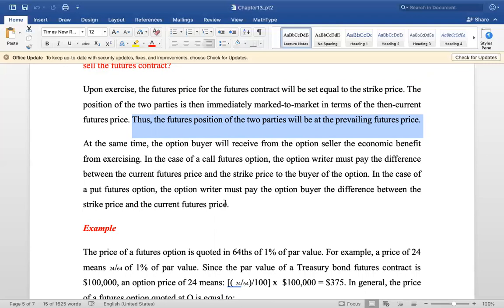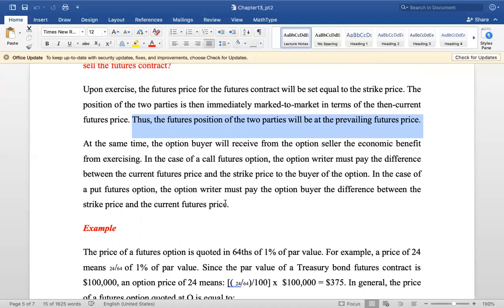The futures positions of the buyer and writer are immediately marked to market by the exchange. Because the prevailing futures price is 95 and the strike price is 85, the long futures position, the position of the call buyer, realizes a gain of 10, while the short futures position realizes a loss of 10. The call writer pays the exchange $10 and the call buyer receives $10 from the exchange.